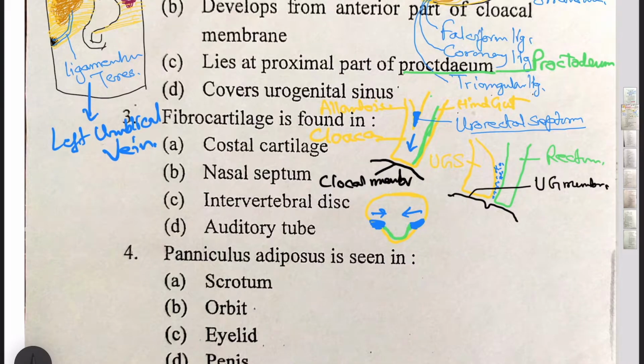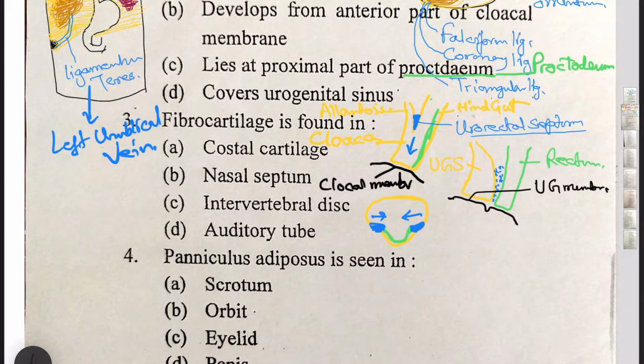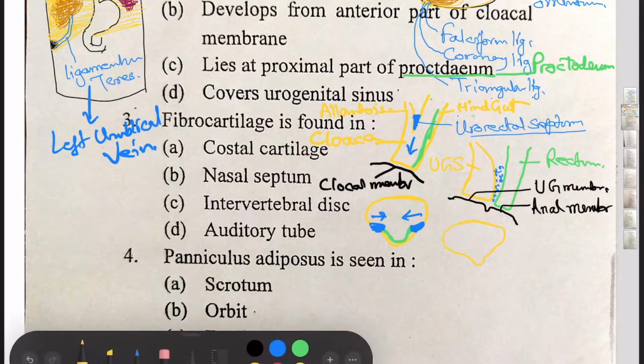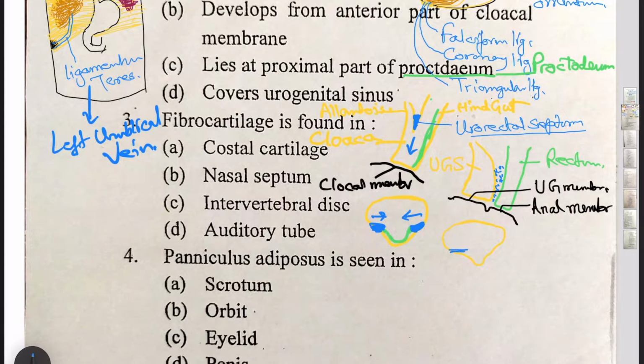And this portion, the hindgut, the rectum, which rests onto the posterior surface of this cloacal membrane, is called the anal membrane.